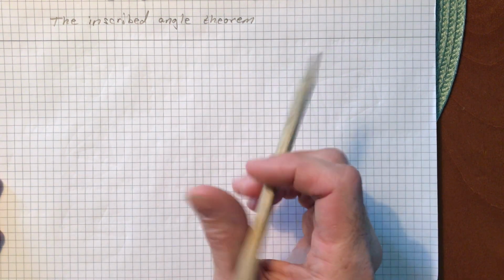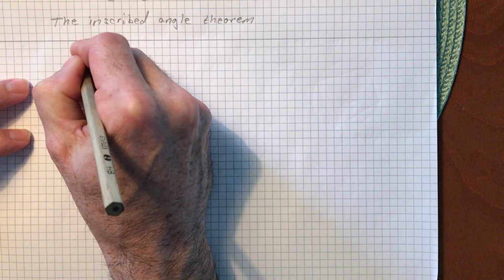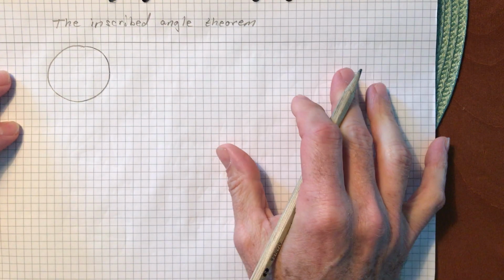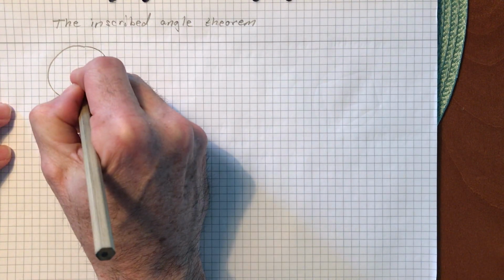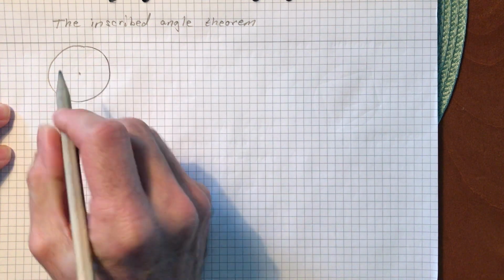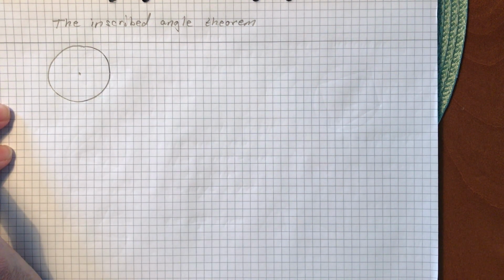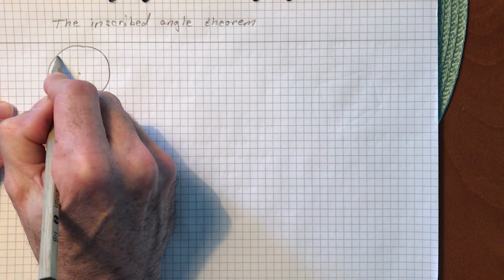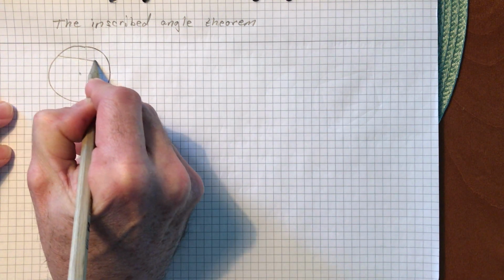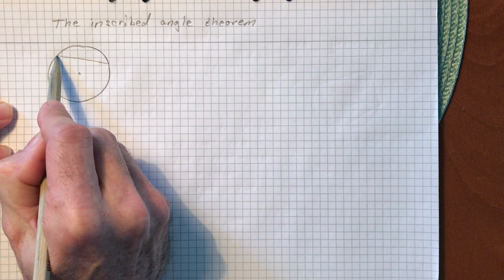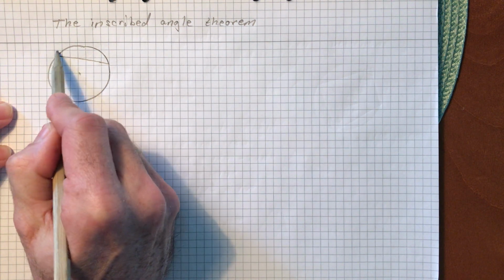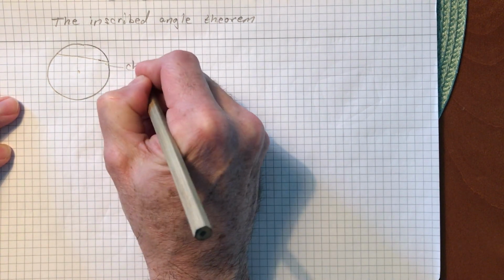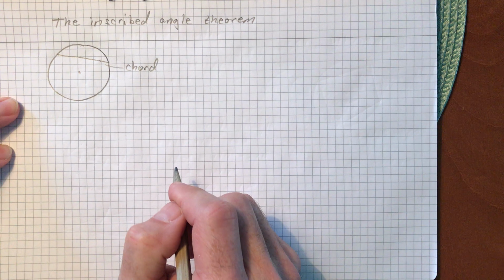Okay, so let's start. At first we draw a circle like this. In this circle we have a point in the middle, the central point. If I draw a line like this, the line goes from one part of this circle to the next one, and that line is called a chord.